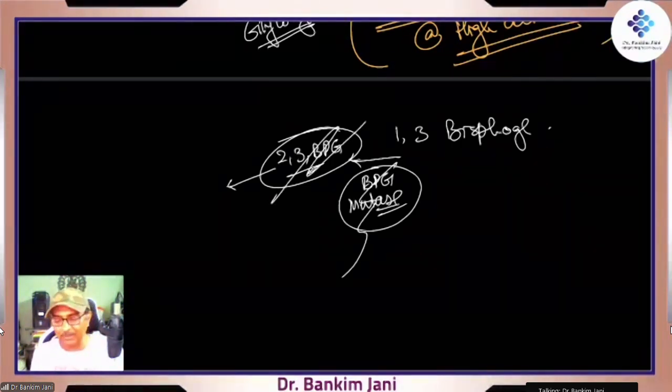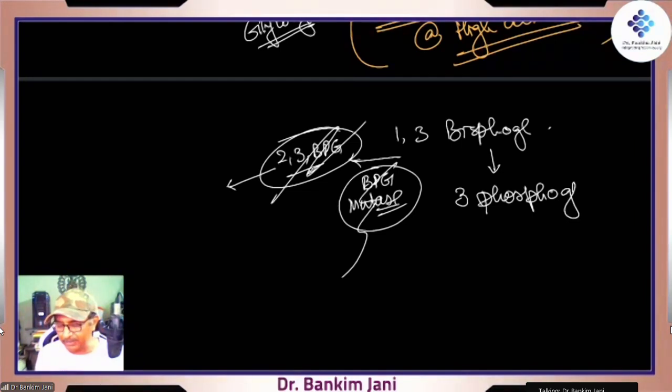So 1,3-bisphosphoglycerate will continue its journey. It will become 3-phosphoglycerate, so now it is only one phosphate. It changes one position and becomes 2-phosphoglycerate.